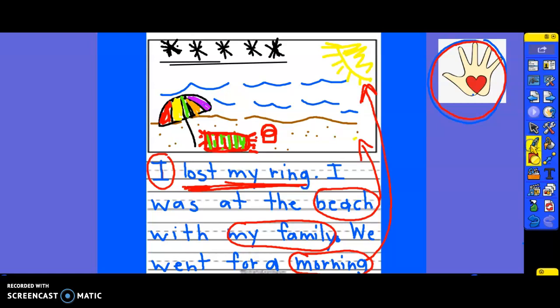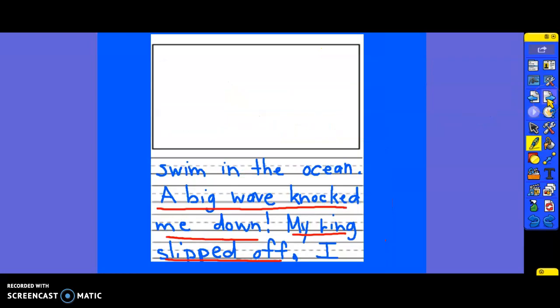I made sure that I had uppercase letters at the beginning, that I had spaces between my words. I made sure that I had punctuation marks, periods at the end of my sentences. I even had an exclamation point.